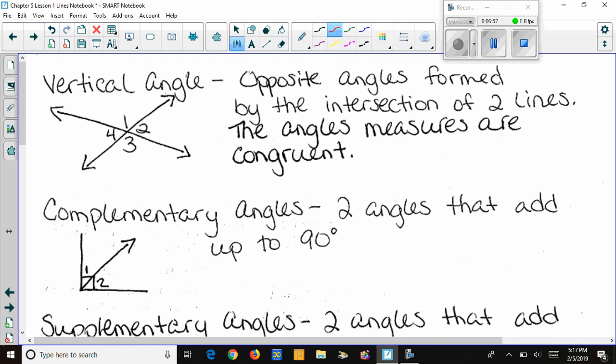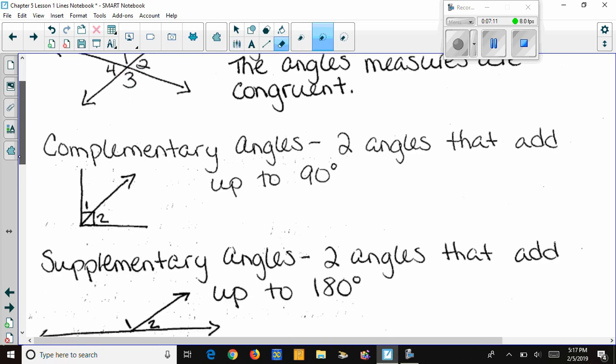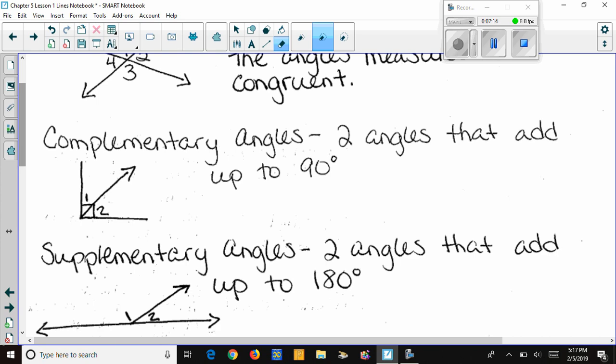So in this case, if I look at angle 1 and angle 3, those are congruent to each other. Then we have complementary angles, which are two angles that when we put them together, their measurements add up to 90 degrees.